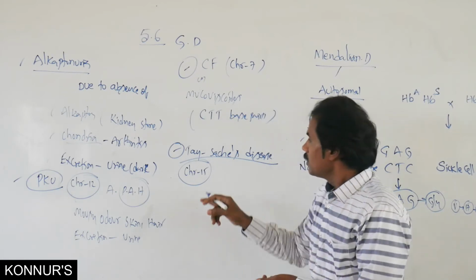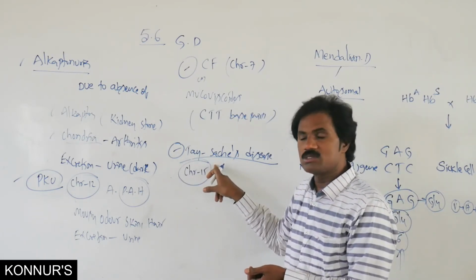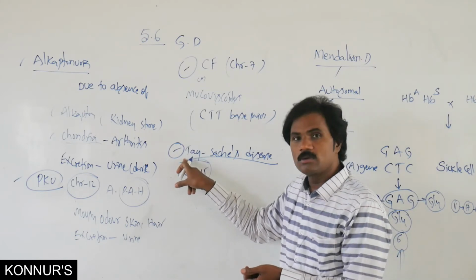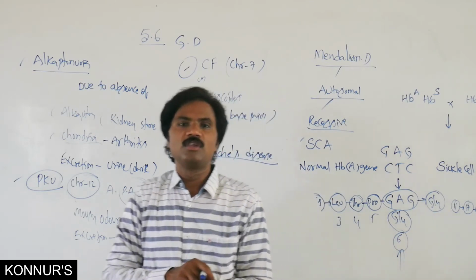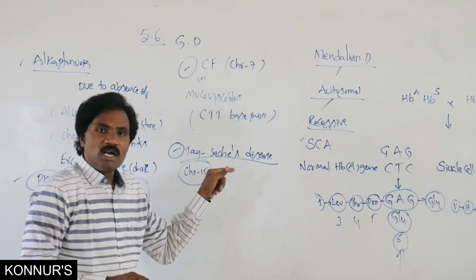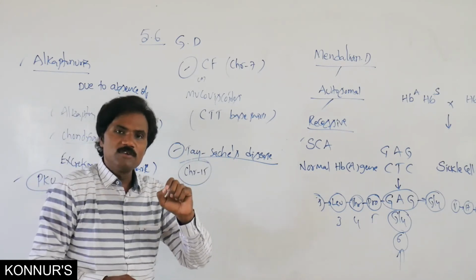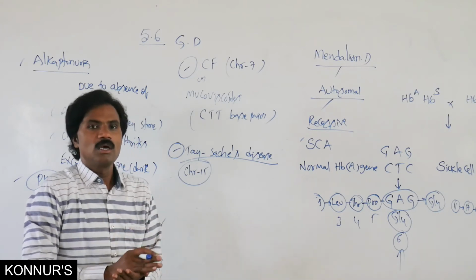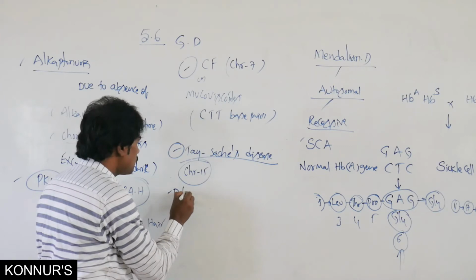As already said, Tay is one scientist and Sachs is another scientist. Both scientists explained this disease, how it is affected. Due to the defective gene, there is deficiency of one particular enzyme.